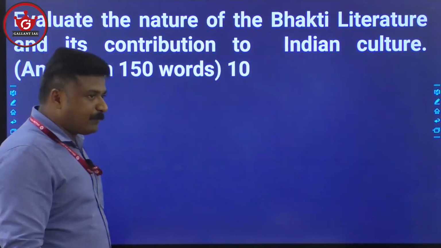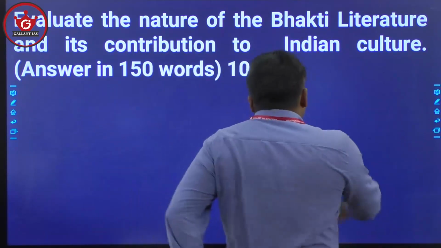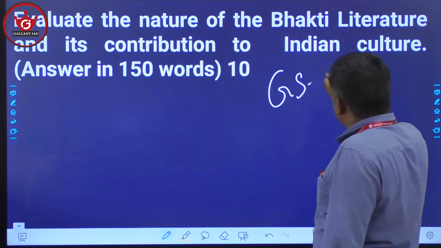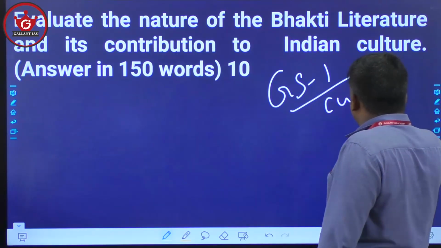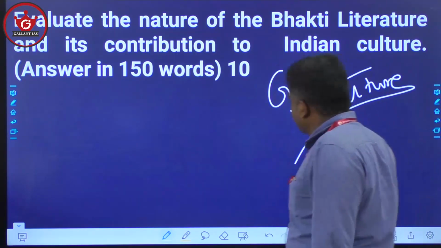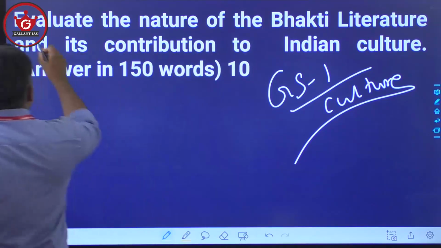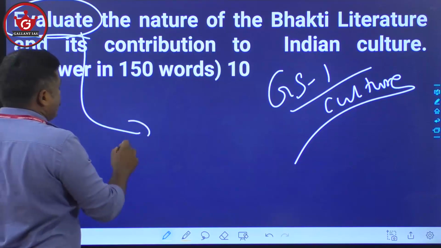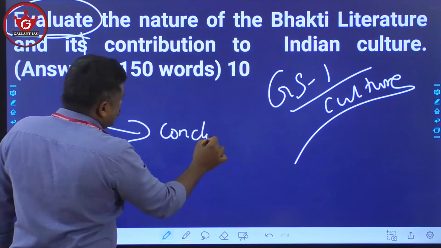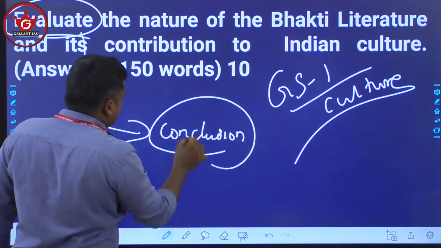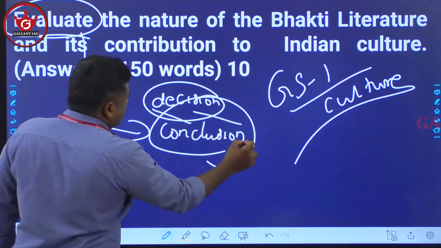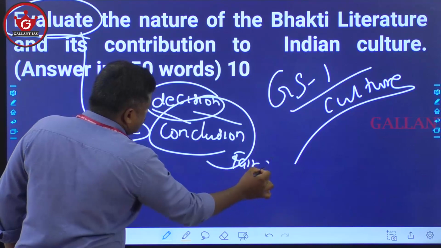Now coming to a previous year question, this is a GS1 culture question. The question says evaluate. Evaluate means you come up with a conclusion, a decision, or a fair judgment.